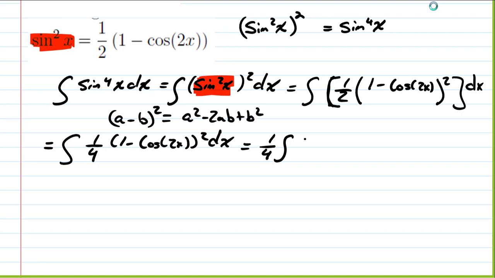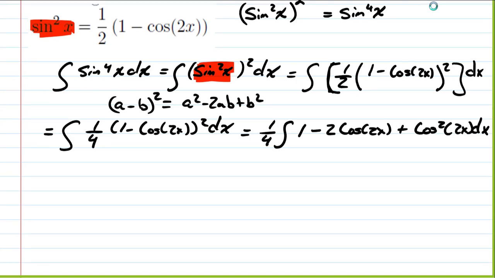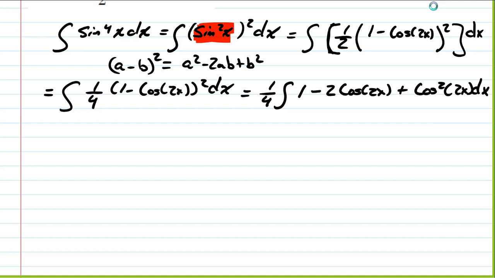So we're going to get 1 minus 2 cosine 2x plus cosine squared 2x dx. So we need to integrate this, but before we can, we still can't integrate cosine squared. We're going to have to use the half angle identity again.